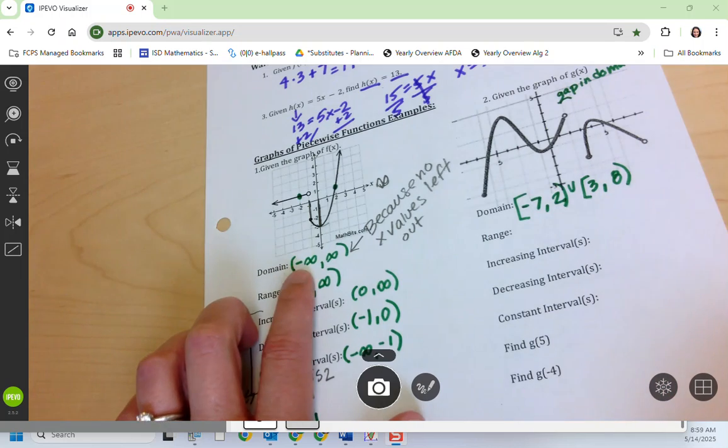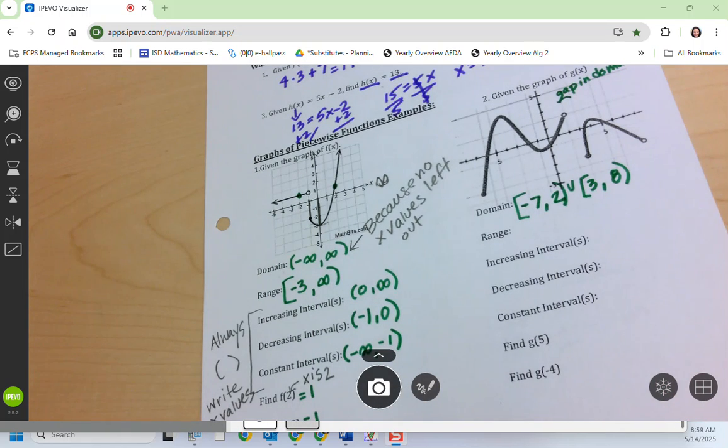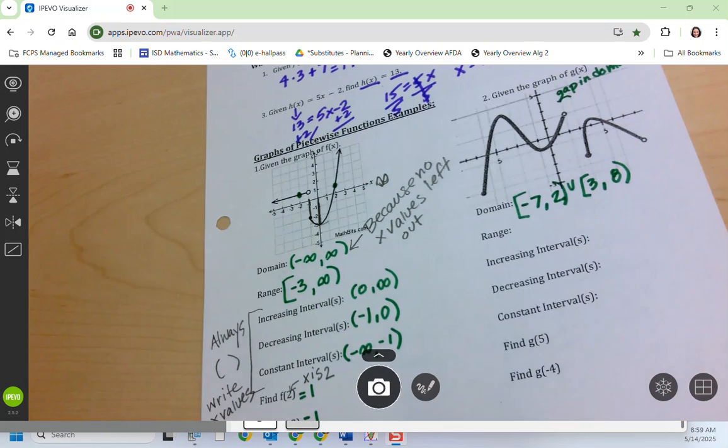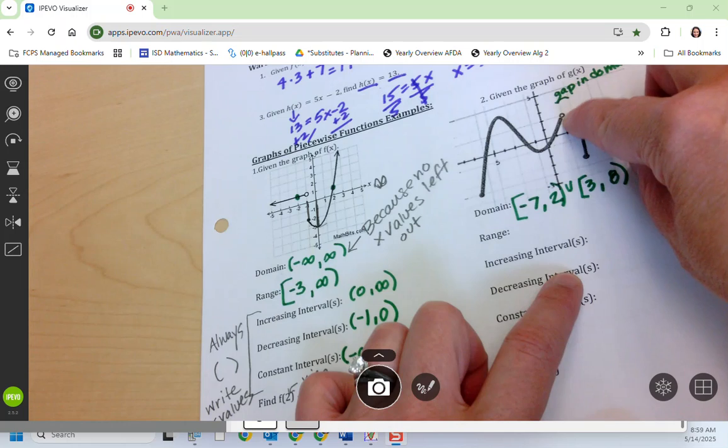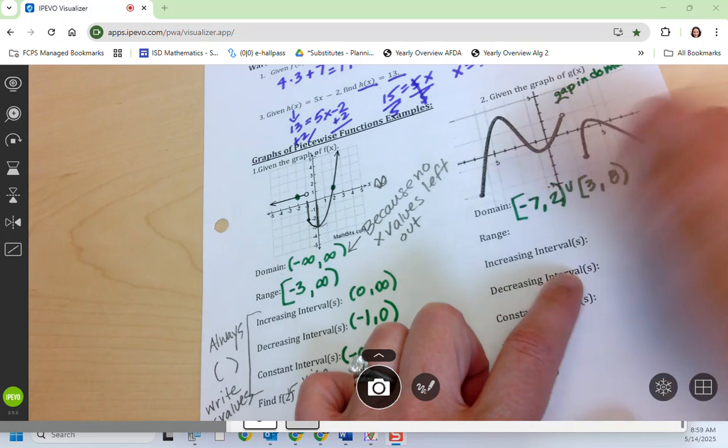If there's a value that's not included, your domain will definitely have more than one piece to it. So there would be two. Oh, I'm sorry, we do the parentheses when it's an open dot, and then we do the bracket when it's a closed dot.